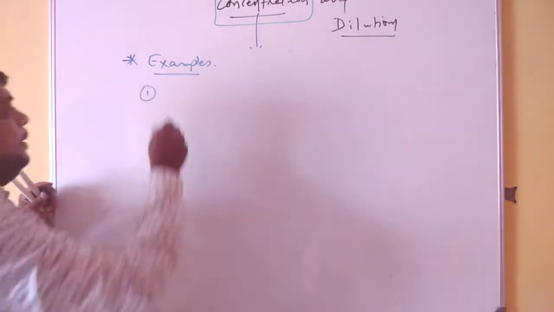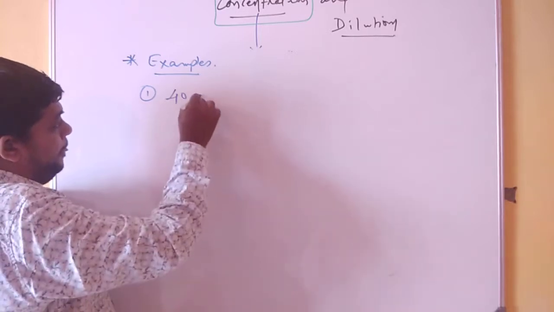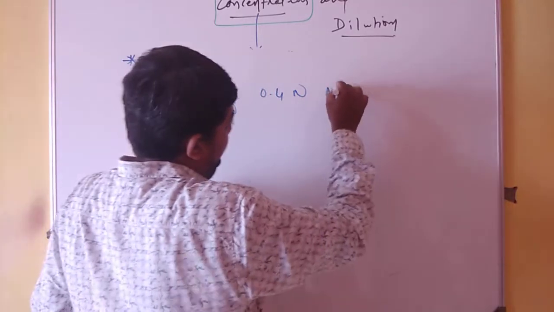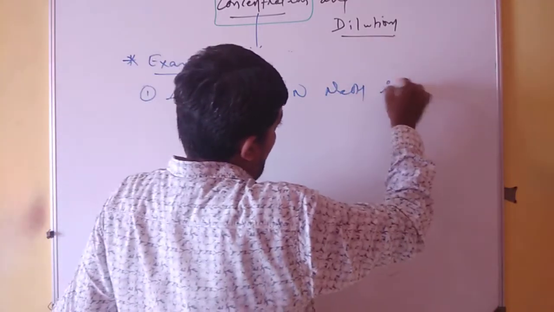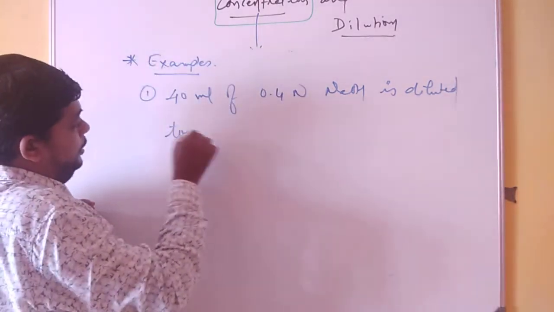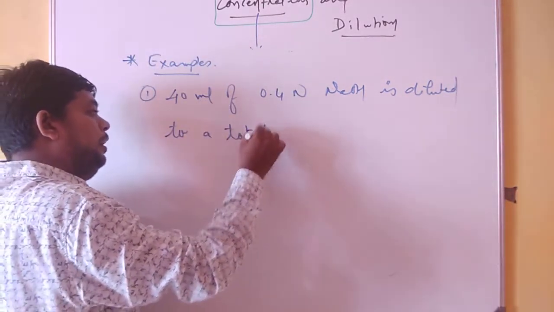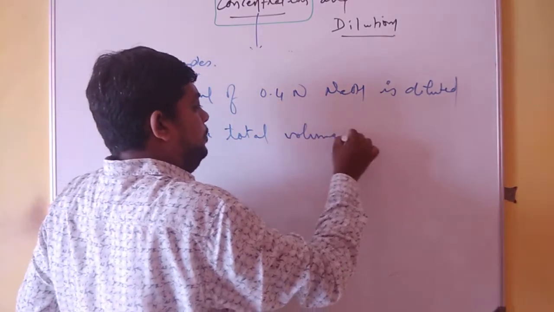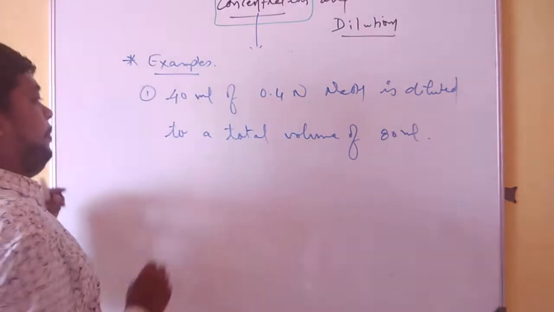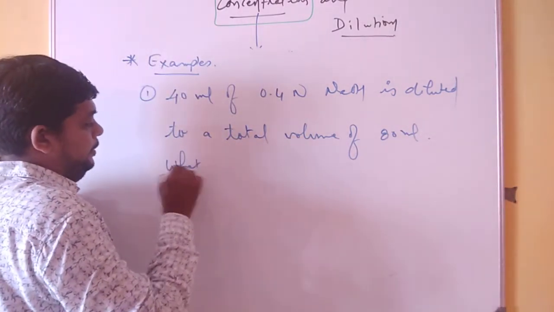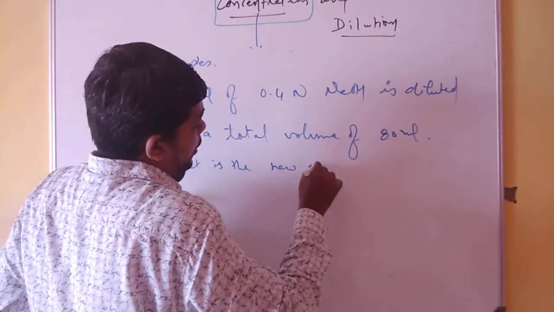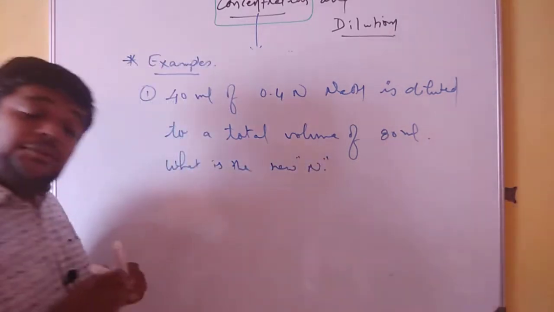See what happens. 40 ml of 0.4 normal NaOH is diluted to a total volume of 80 ml. What is the new normality or concentration?